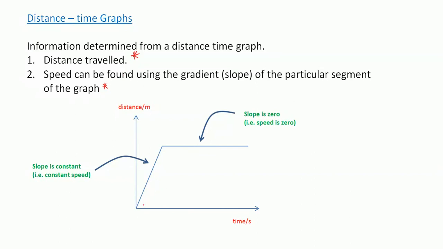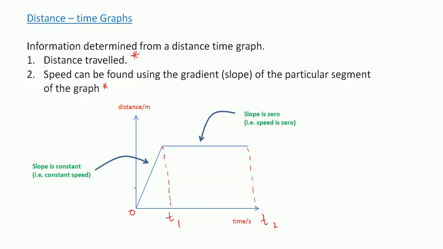So let's say we have this distance time graph here. In this first section here, let's call it 0, and let's say up to T1, and the second section here is up to say T2.